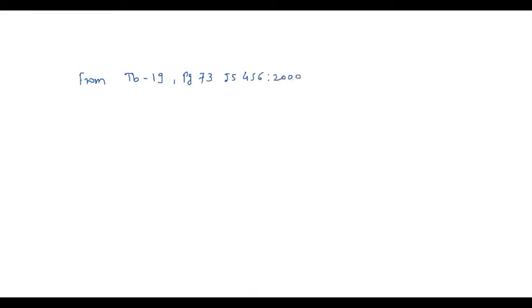We get the permissible shear stress, which is also called allowable shear stress. This notation is tau c, because this much of shear can be resisted by the concrete. So this is called permissible or allowable shear stress.